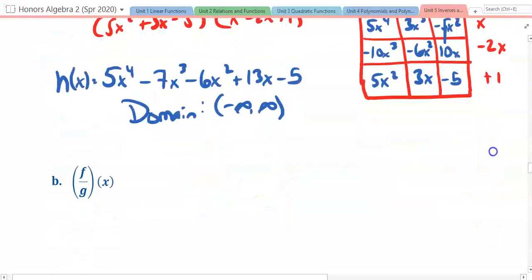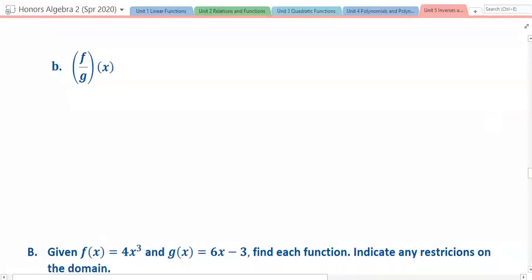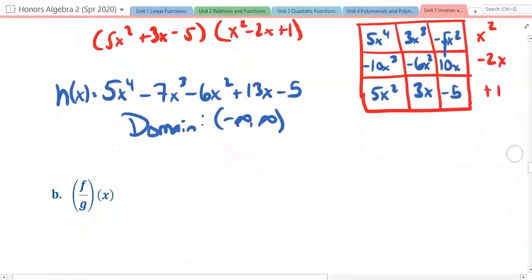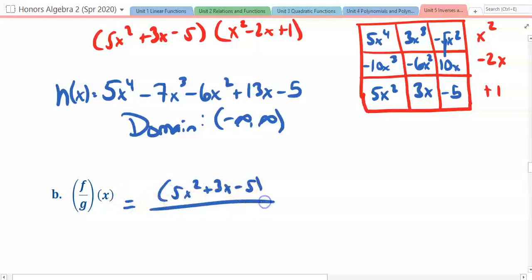Now, let's talk about this f divided by g of x. This one's going to be a little bit different because we've got to write out this division. So I'm going to get the 5x squared plus 3x minus 5 being divided by x squared minus 2x plus 1.